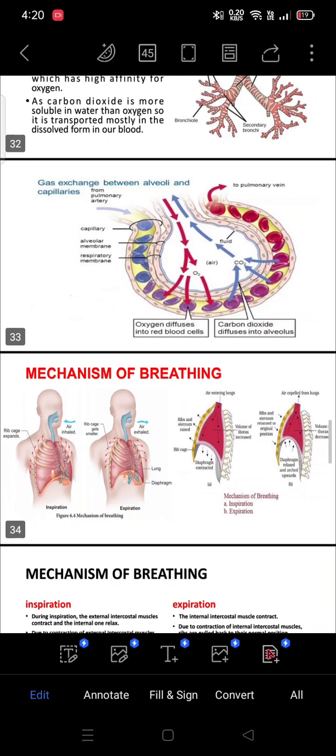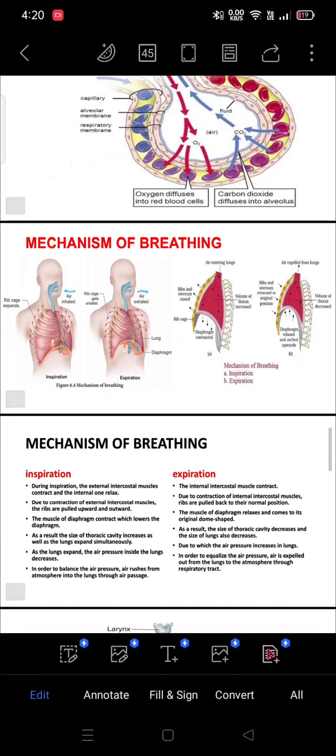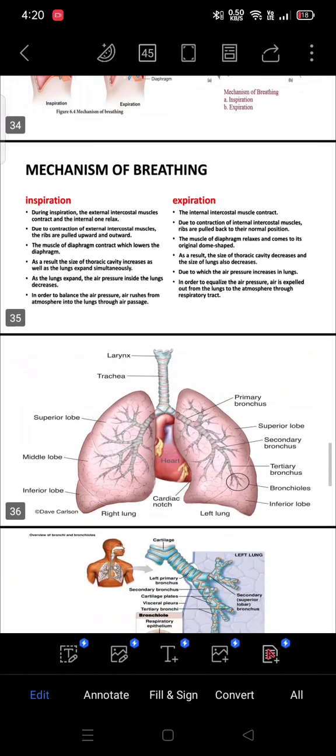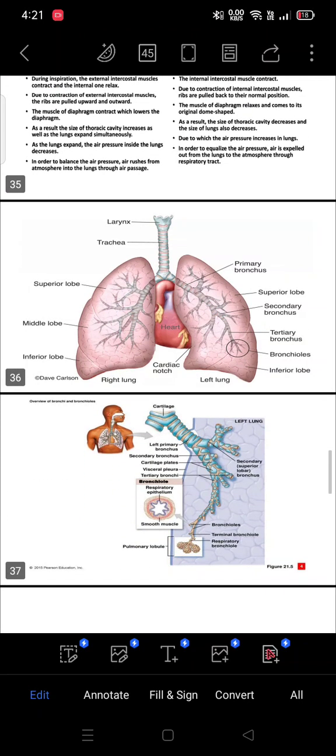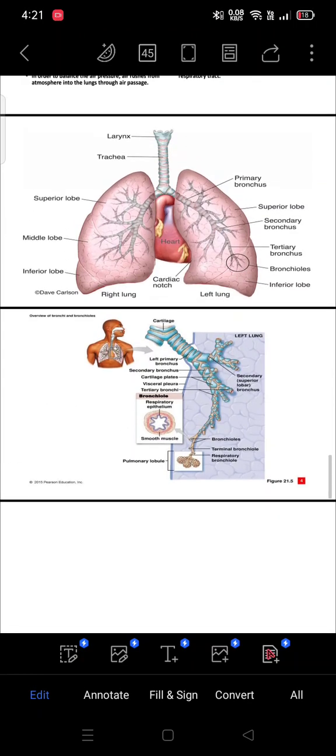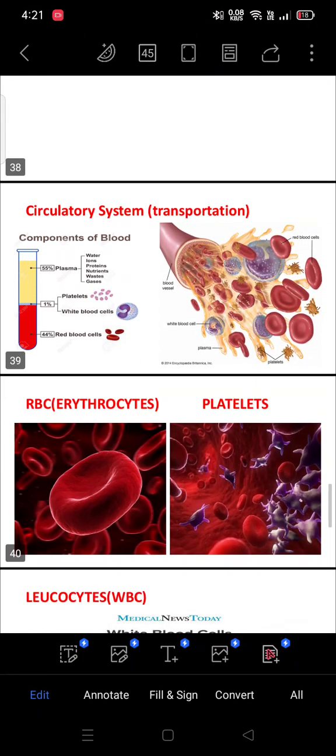Then you can see here the gas exchange between alveoli and capillaries. And then the mechanism of breathing is explained here. What is inspiration and expiration, inhalation and exhalation of gases. This is the structure of the lungs. Then how the respiration process occurs is explained there.